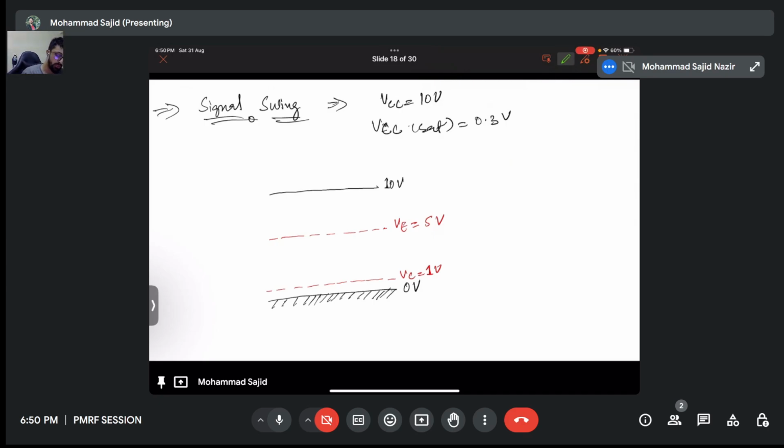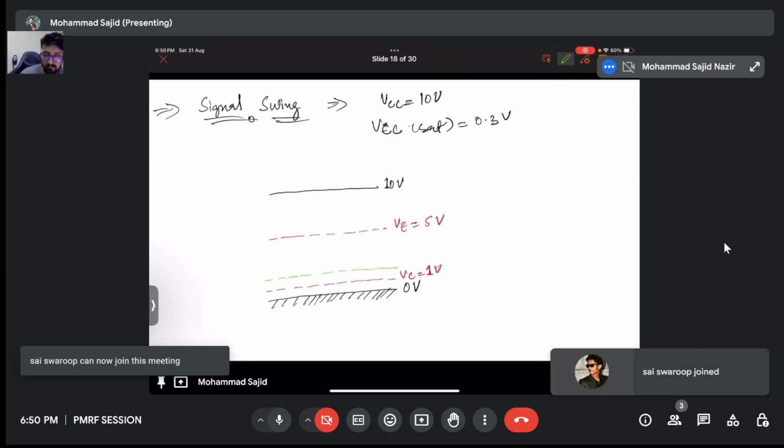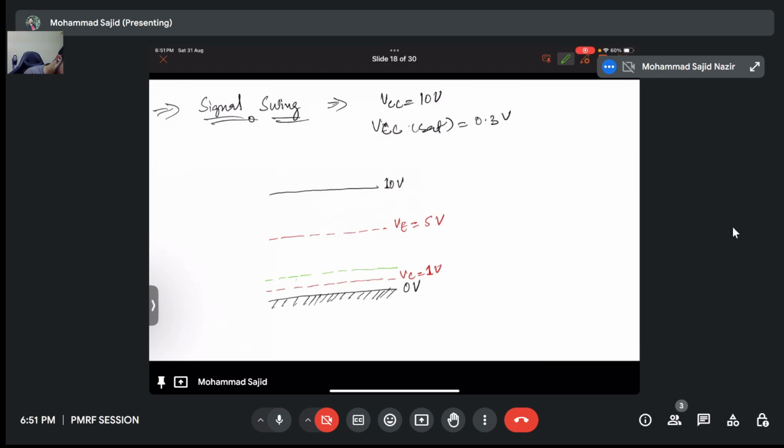So, to keep the device in saturation, VEC should always be greater than 0.3. That is VEC sat. So, I will draw a line here, which has a total value of 0.3 volt between this line and the VC.